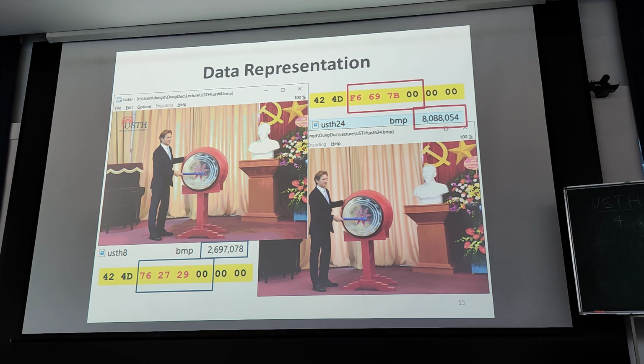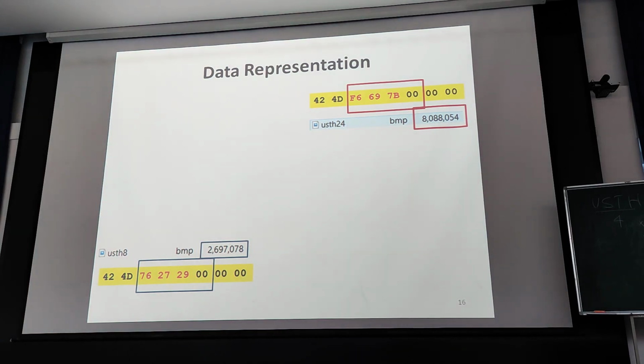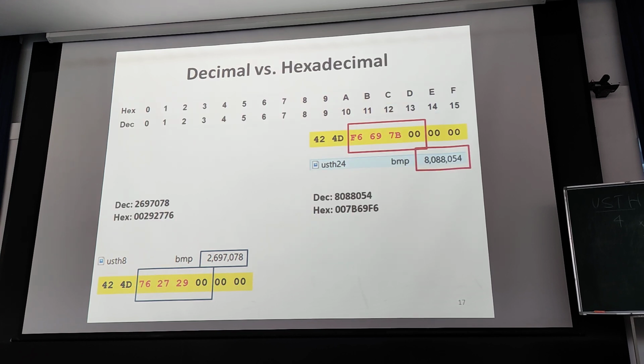Now let's talk about the hexadecimal. Usually we have from 0 to 9 in the decimal numbering system. In the decimal numbering system, the number is 8,088,000-something 54.